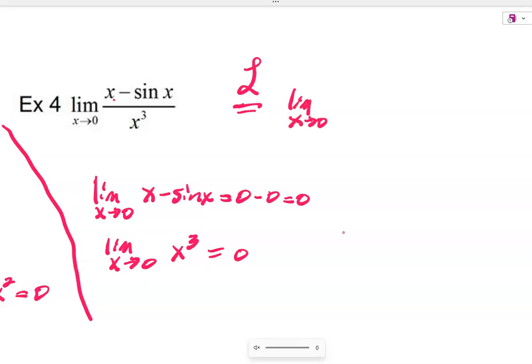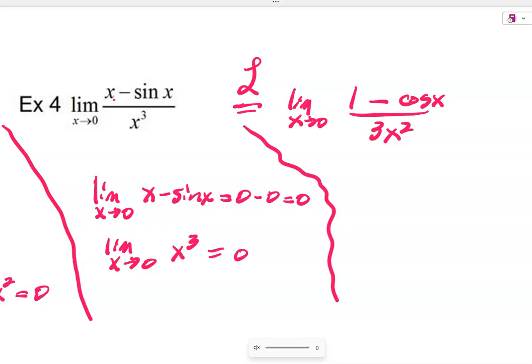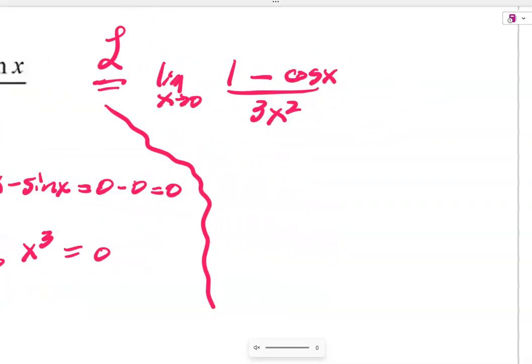L'Hopital's rule applies. The derivative of x is 1. The derivative of sine is cosine. So we get cosine of x. Down below, we'll have 3x squared. And kids will go, okay, well, now I'm going to plug in my 0. And all of a sudden, we're going to feel maybe a little uncomfortable. You'll go, wait a minute. The top is going to go to 0.